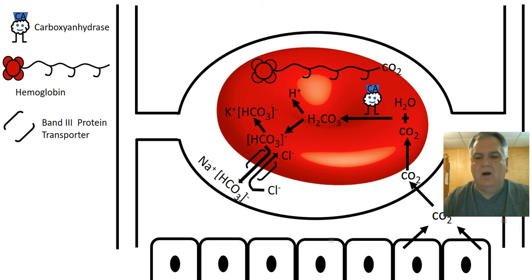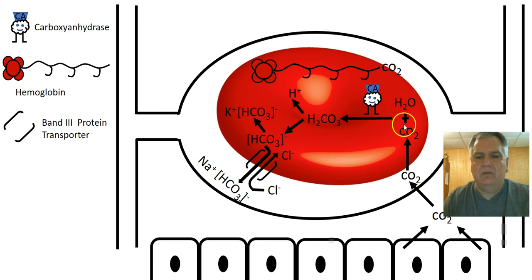As that carbon dioxide is removed from the red blood cell, concentration levels go down, and now this carbon dioxide is released from the hemoglobin molecule, and it continues to flow along its concentration gradient back out of the red blood cell, out of the plasma, out of the interstitial fluid, and across the alveolar wall, the respiratory membrane.